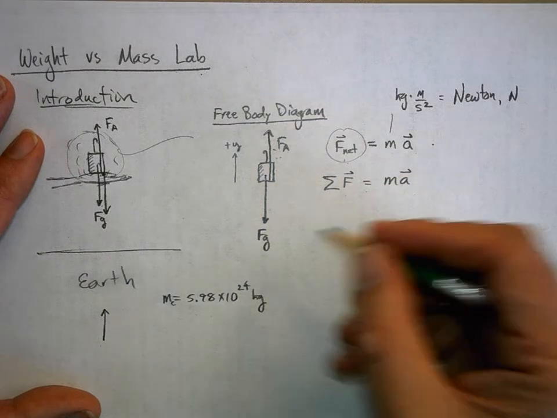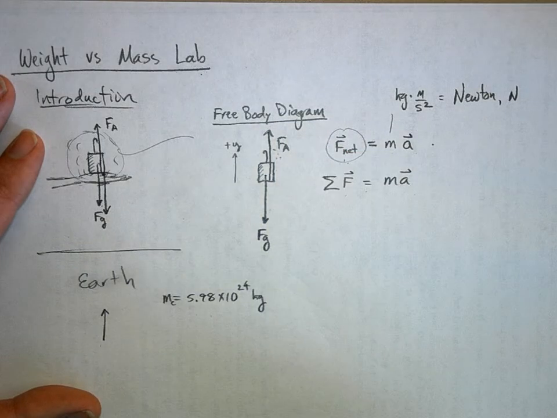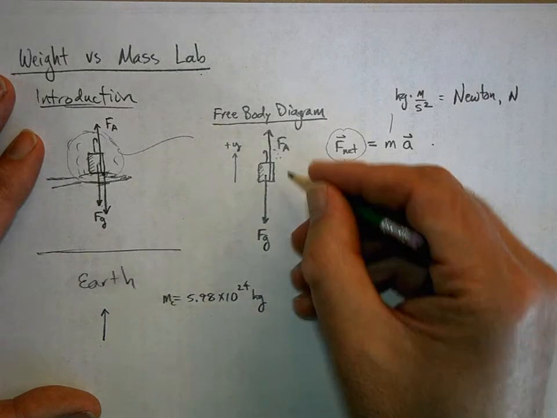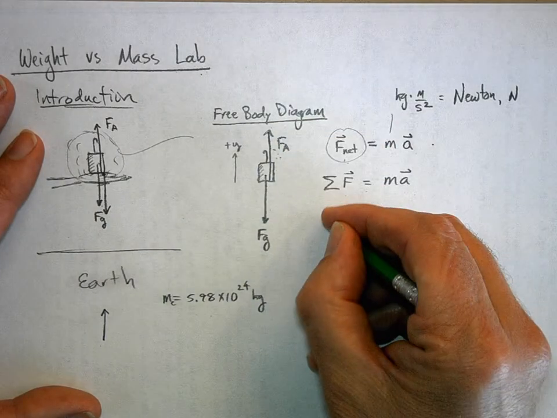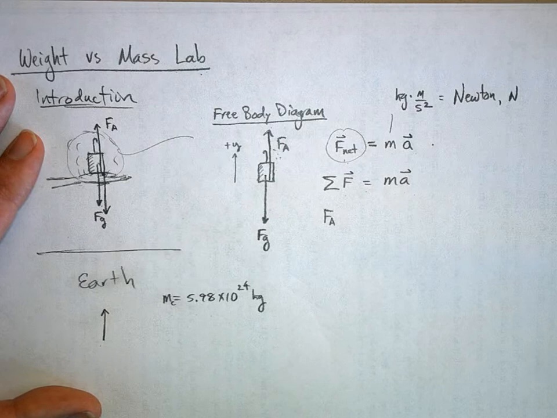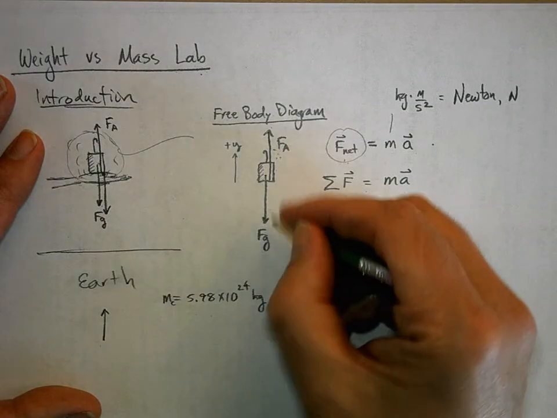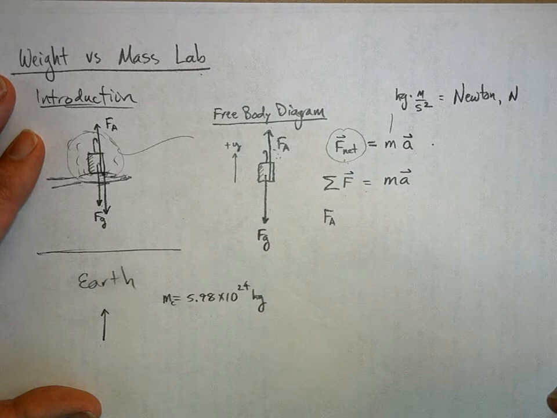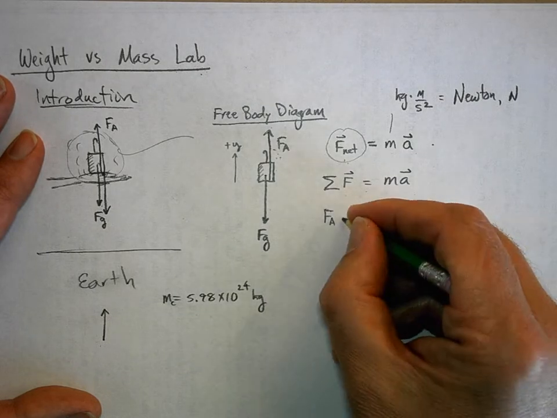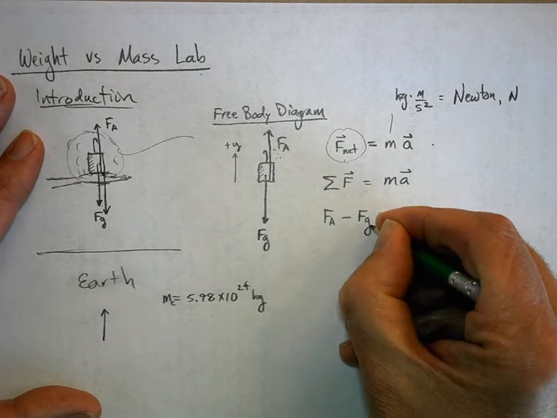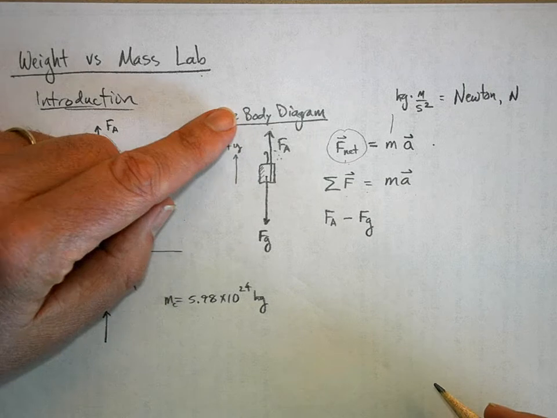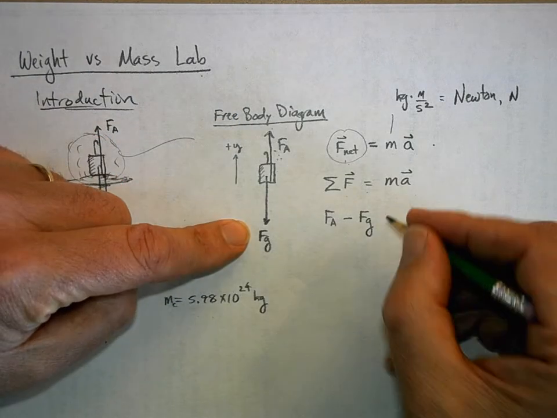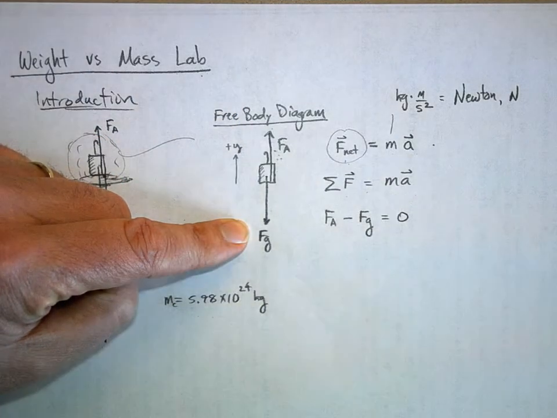So if I add these forces together, they have to add up to be 0. So I'm going to do this. This is in the positive direction, my applied force. And this is in the negative direction. So instead of going plus negative, I'm just going to say minus. So the applied force minus the force of gravity is going to be equal to 0.